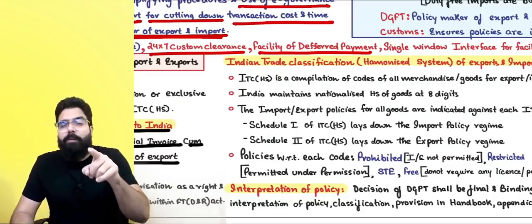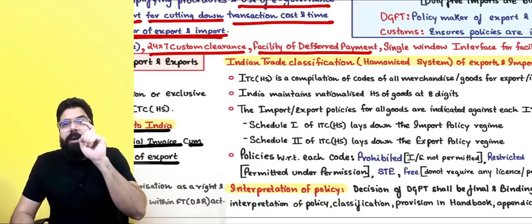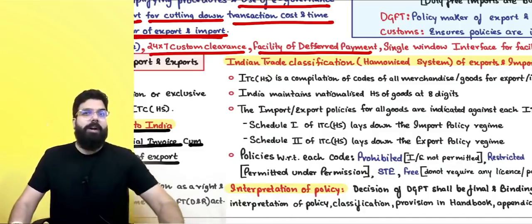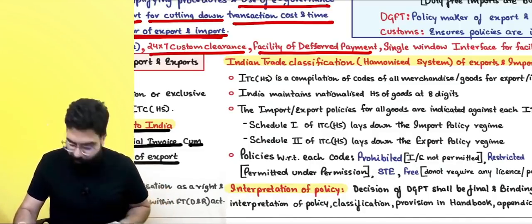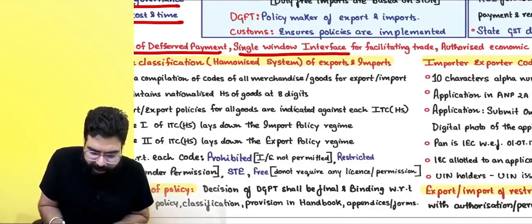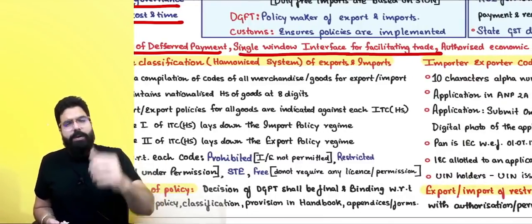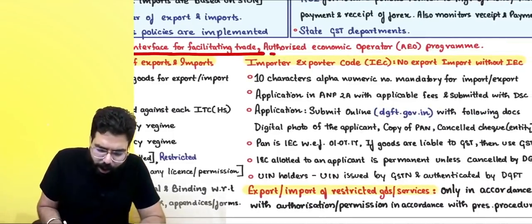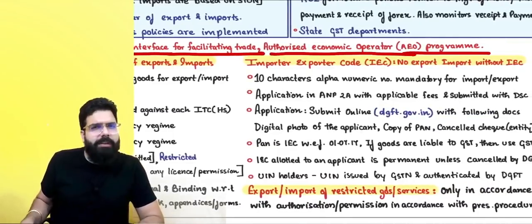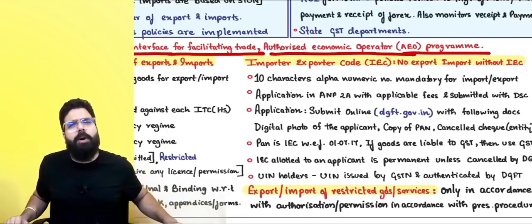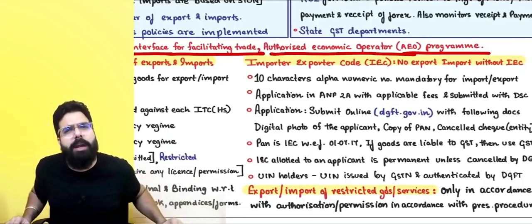People, we have learned all this in customs. Now, all that happens in customs happens because it is told by the godfather DGFT. Okay, sir. Single window clearance interface for facilitating trade has been launched by us. We are doing ease of business. Sir, authorized economic operator program is there. People who enroll themselves under the authorized economic operator program, we help them in a lot of ways.